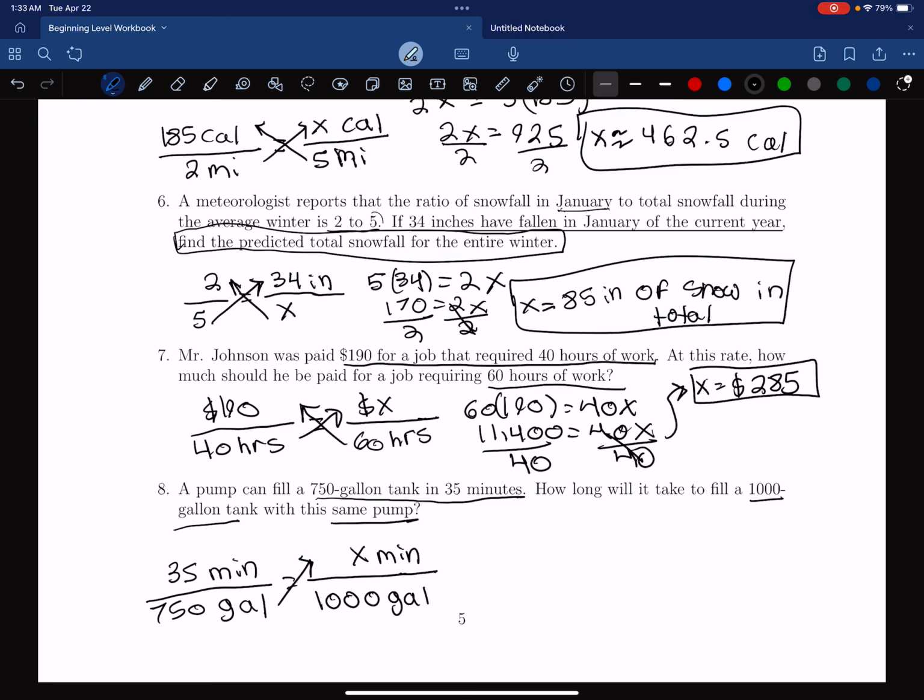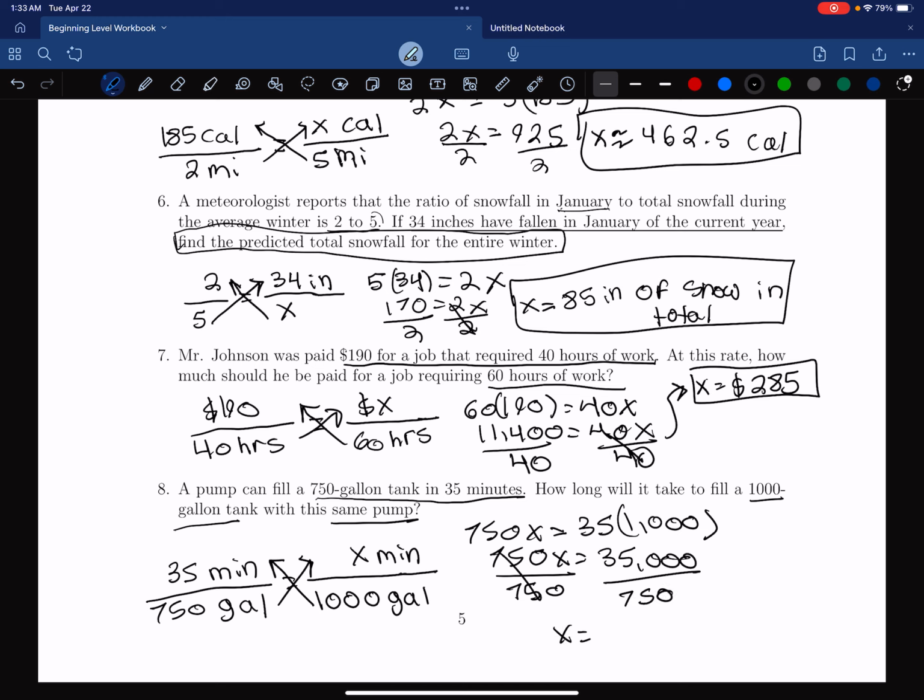Then to solve for x, cross multiply. So 750x equals 35 times 1,000, which is 35,000. Divide by 750 on both sides to solve for x, and you get x approximately 46.66 repeating.